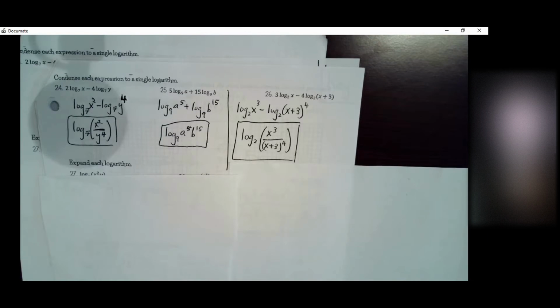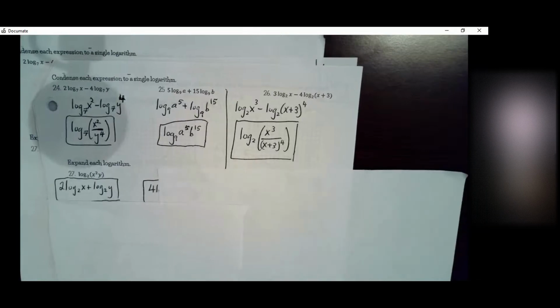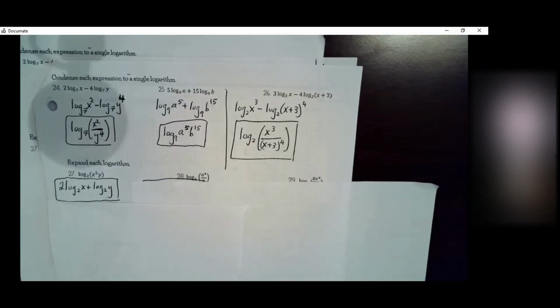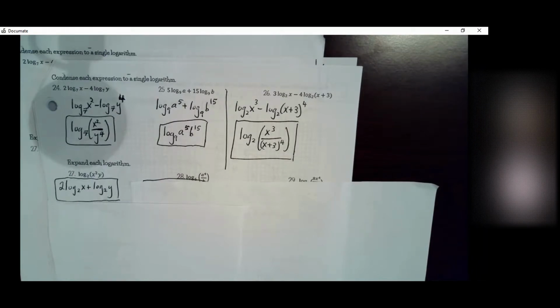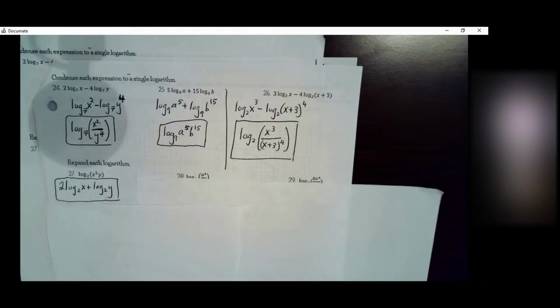Okay. Now expanding. 2 log 2x plus log 2y for 27. Okay. 4 log 6a minus log 6b.